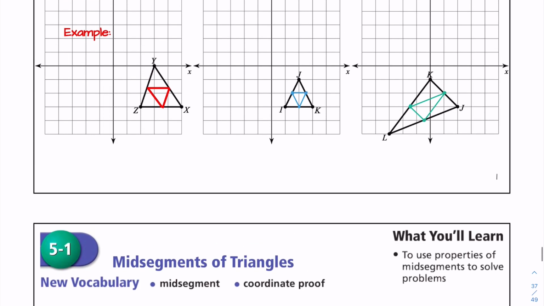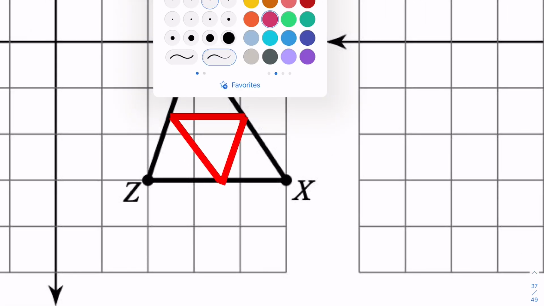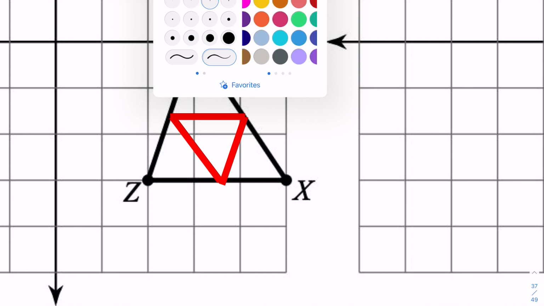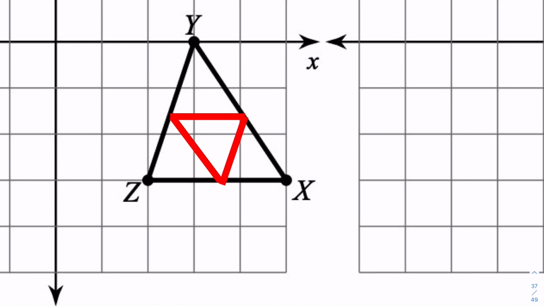Here's what's so cool. Check this out. Let's do blue or purple. What this is saying is that this side right here, this mid-segment, is actually parallel to its base.